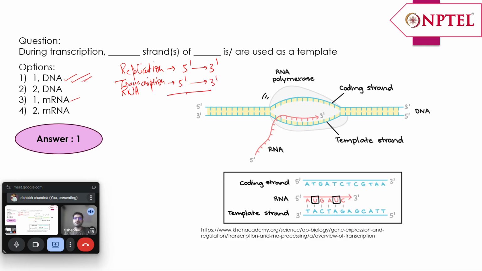Before going to this, first we'll have to understand what is the coding and what is the template strand. Because there are two DNA strands, only one of these is actually being transcribed to the RNA. And RNA is actually a single stranded molecule.